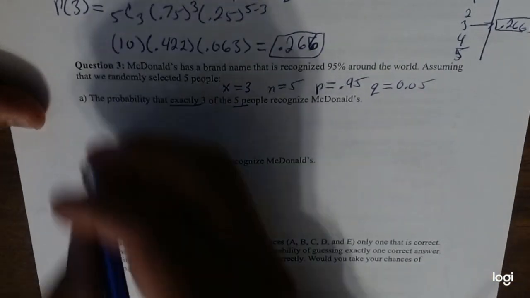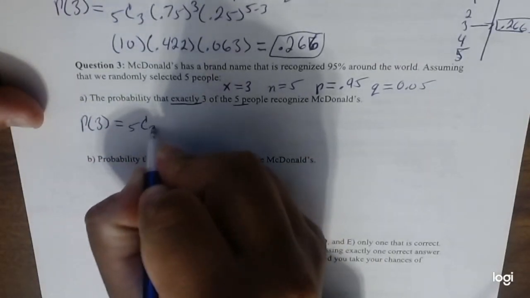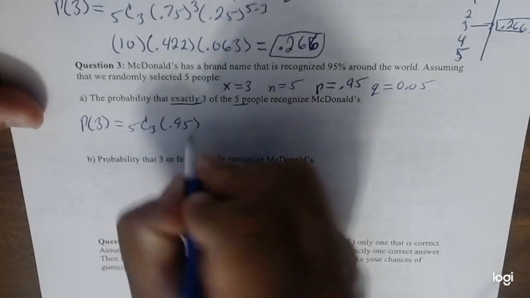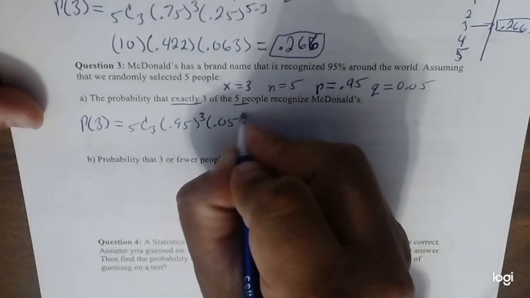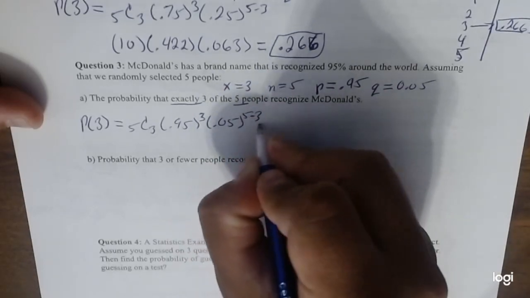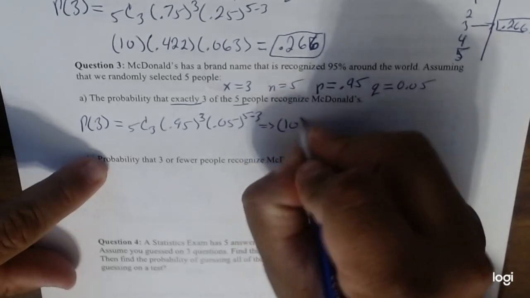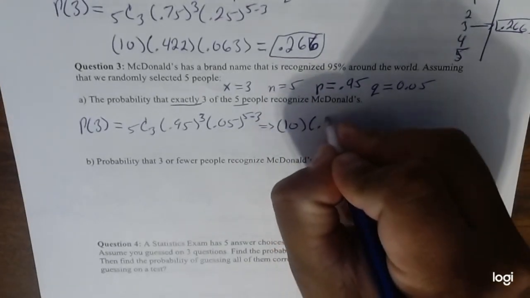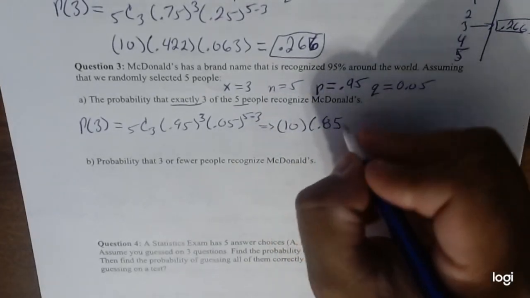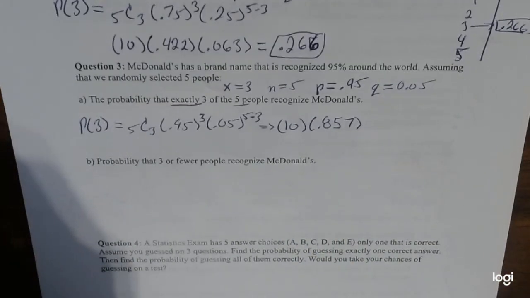All right, so let's quickly do this. We want the probability of exactly 3 again. So that's 5 choose 3, 0.95 to the third power, and then failure, 0.05 to the 5 minus 3 power. And so this is going to be 10 times 0.95 to the third power, and then 0.05 to the second power.